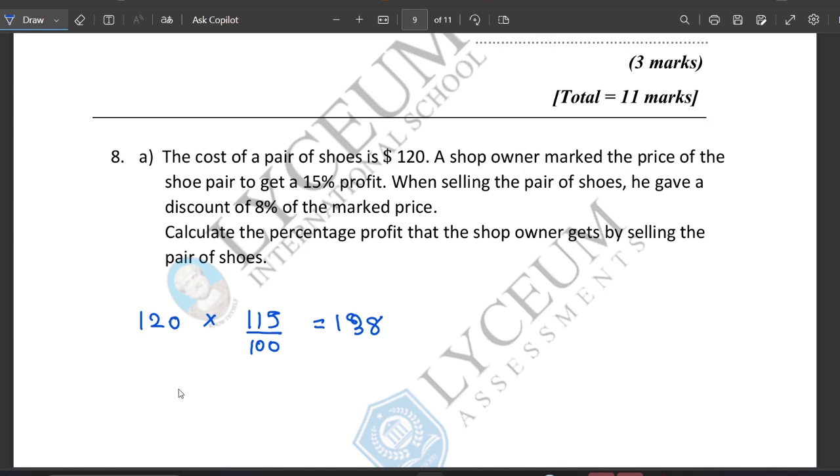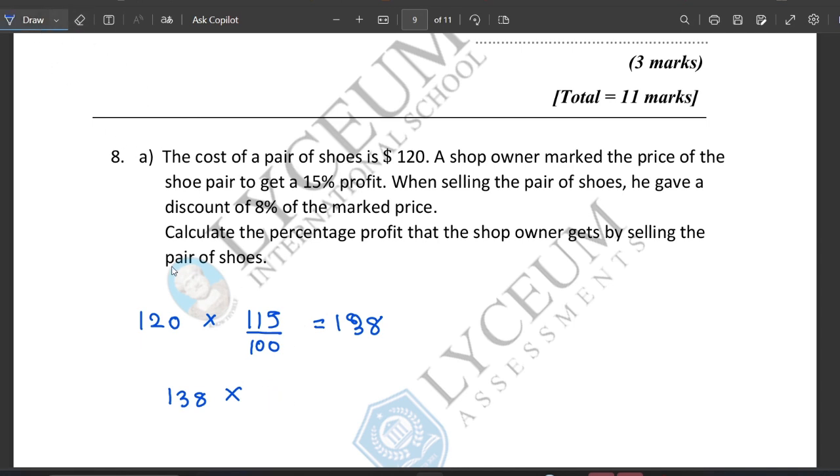So shop is giving a 8% discount. Then the price should be, we only need to find the profit.